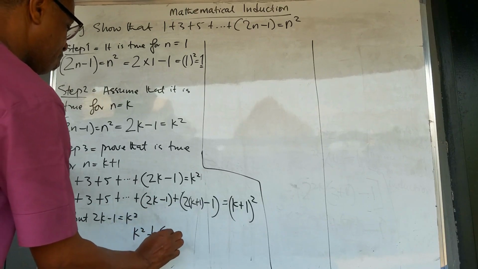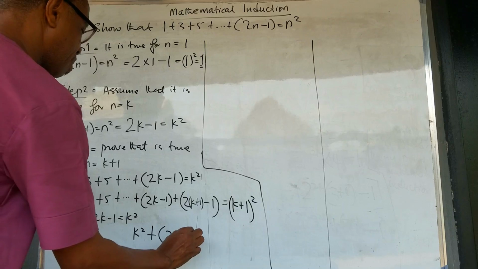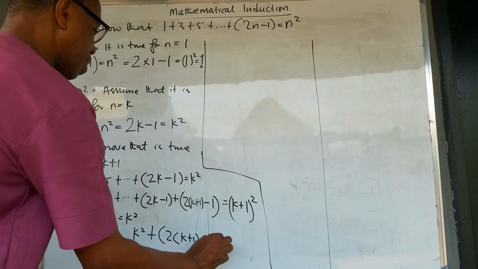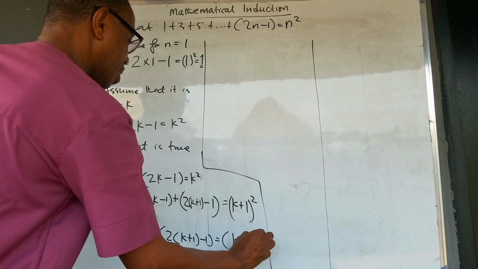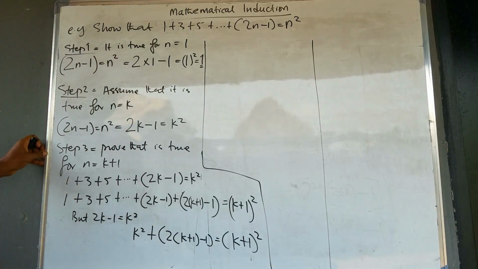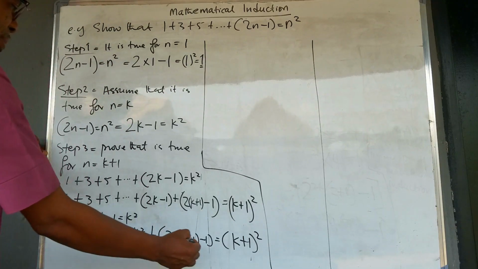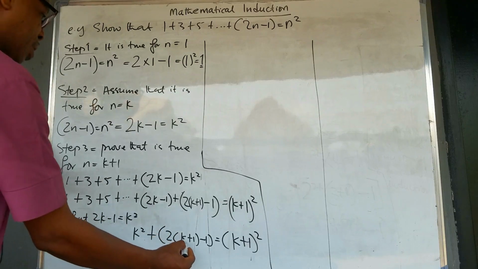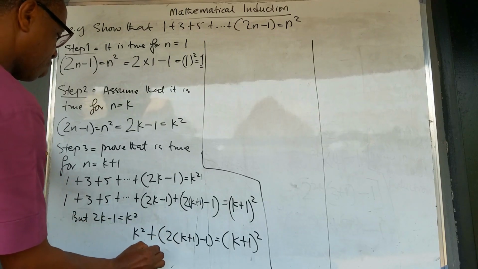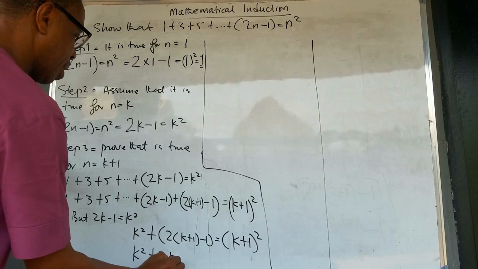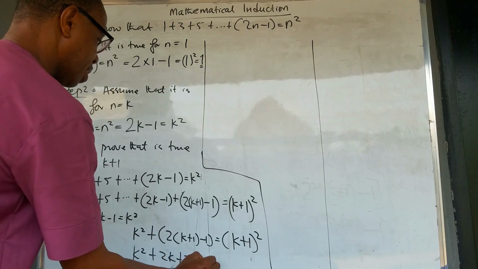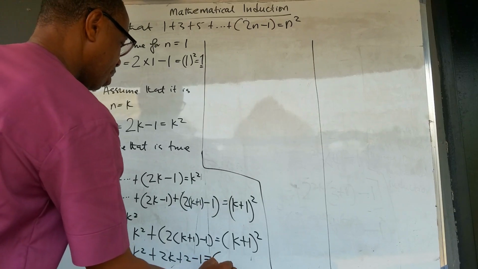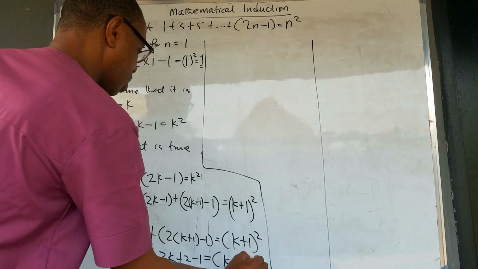Plus 2(k plus 1 minus 1) is equal to (k plus 1) all squared. So let me finish here. k squared plus 2 times k will give you k squared plus 2k, plus 2 minus 1, is equal to (k plus 1) squared.